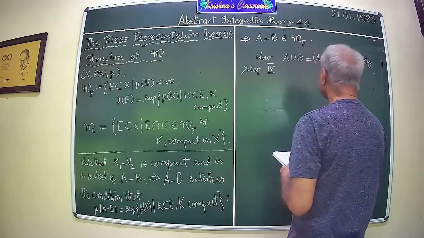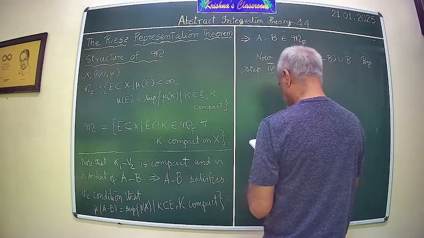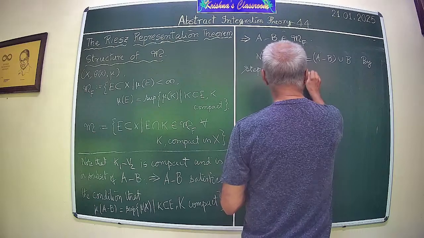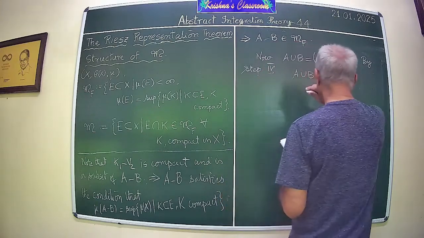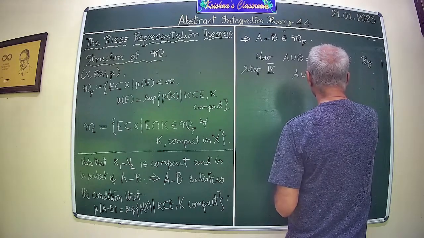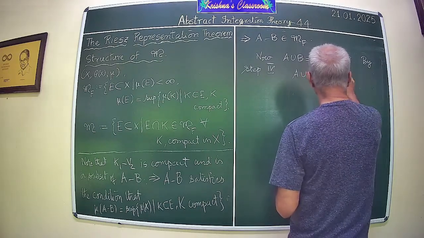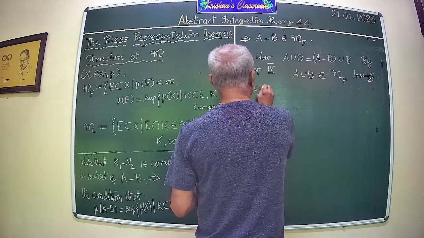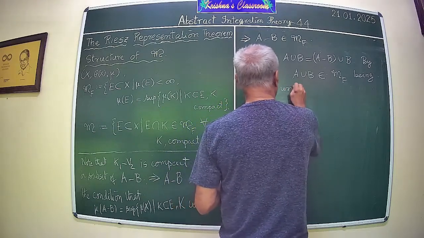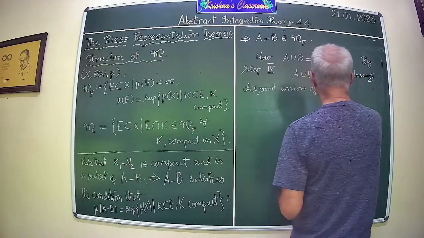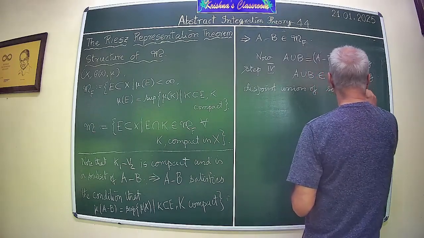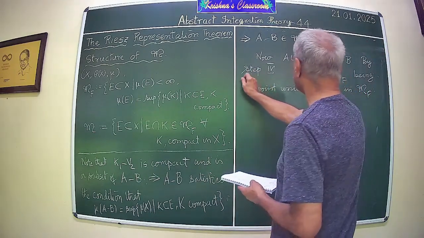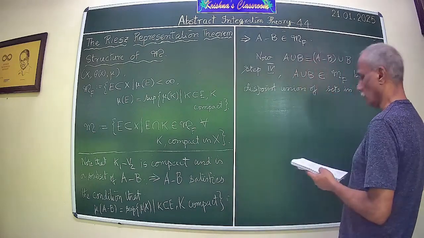Therefore, you have additivity and therefore A union B belongs to MF, being a disjoint union, and that follows from step 4.